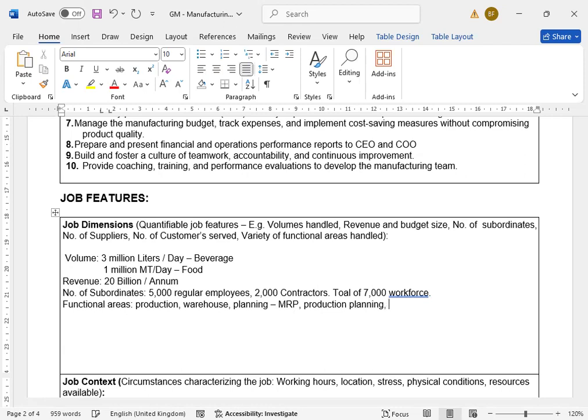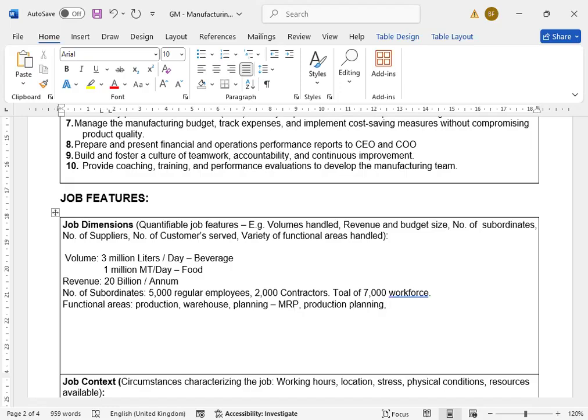Or other functions. That's why the general managers will always get a higher grade because of the functional areas he is handling. He is handling production, warehouse, maintenance, and the planning department. So many functions, that's why the technical know-how is going up.